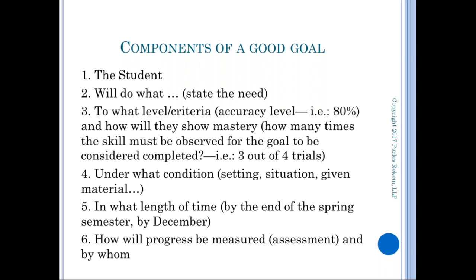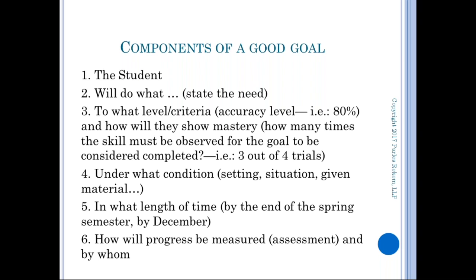A lot of you will look at your IEPs and it'll say the child will do it at 80% accuracy and things like that. So that's the level, that's the criteria. And how will they show mastery? How do we know that a child has mastered a goal? You might typically see in the IEP 3 out of 4 trials or 8 out of 10 trials.